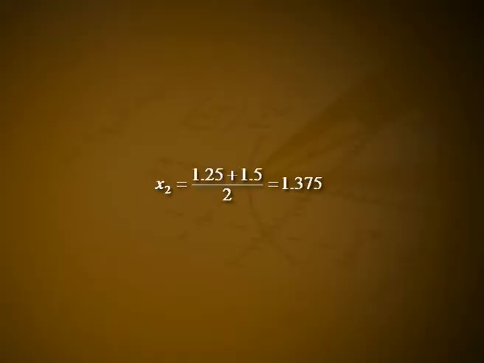Step 3. f(x1) = −19/64, which is negative, and hence f(1) × f(1.25) > 0 and a root lies between 1.25 and 1.5. Hence x2 = (1.25+1.5)/2 = 1.375. Step 4.